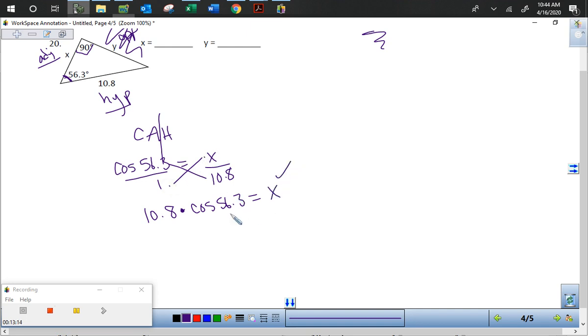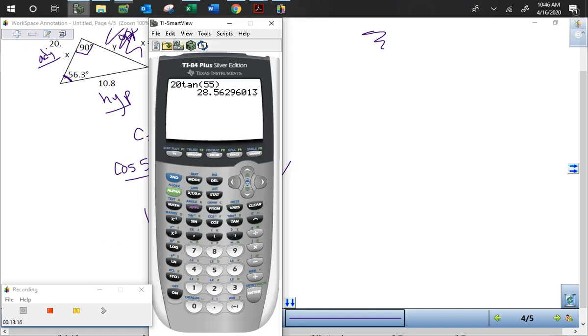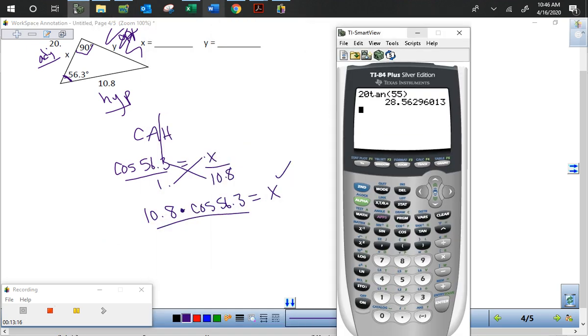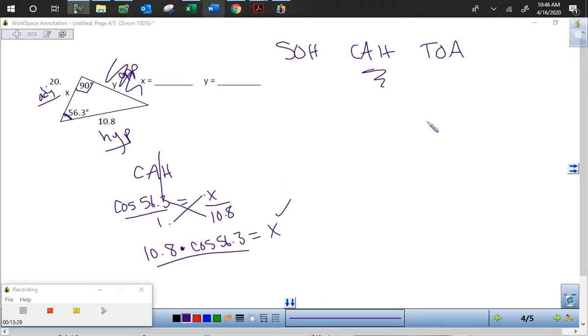X is already by itself, so we got to just type that thing in. So 10.8 cosine 56.3, enter. And that looks like pretty close to 6, so we're going to call it 6. That one's done. And now we're going to ignore x so that we can do y.